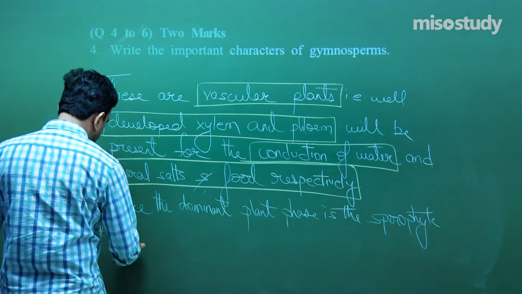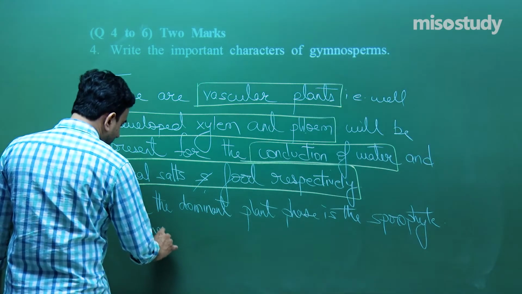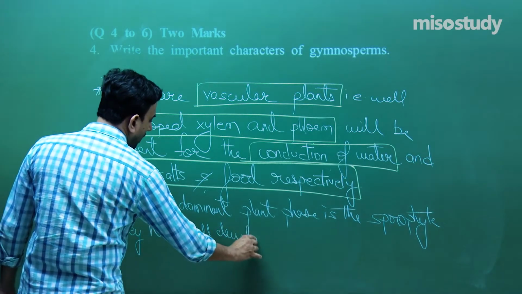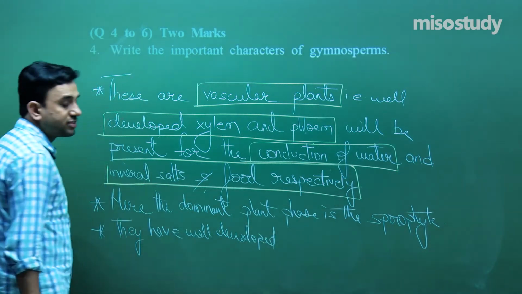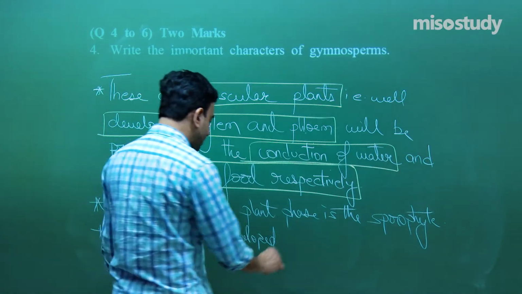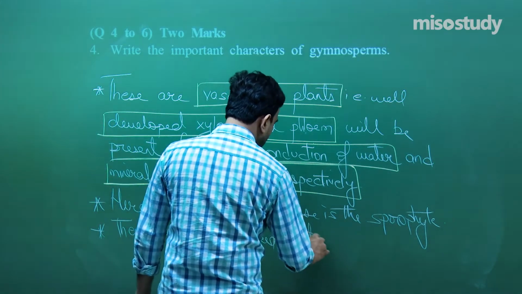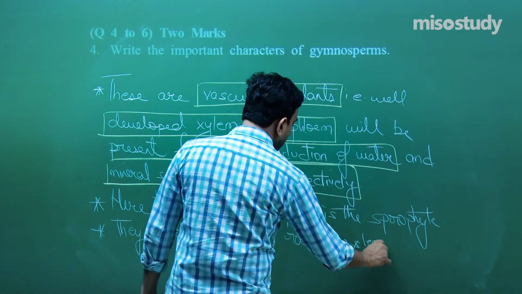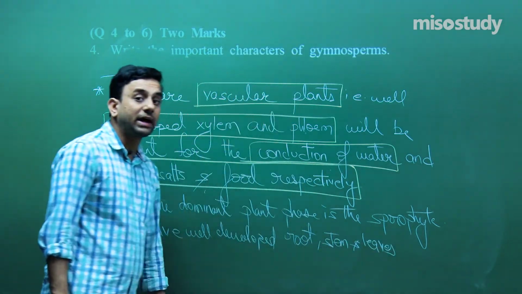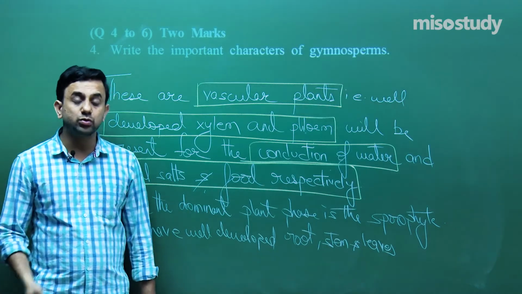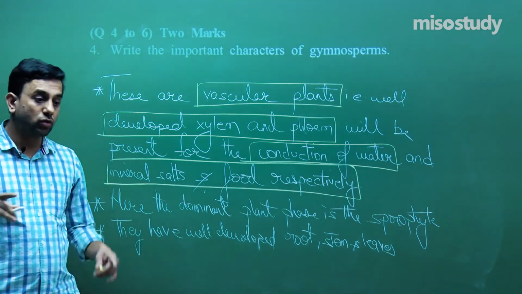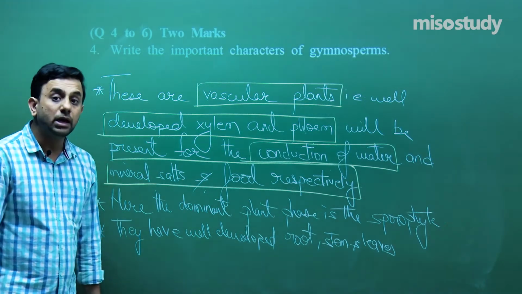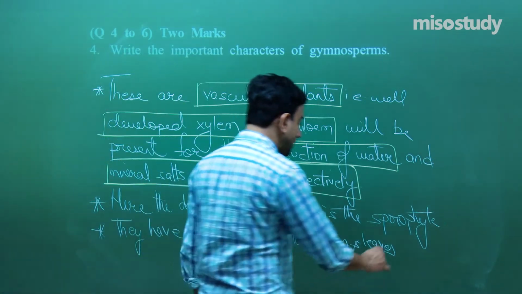They have well developed roots, stem and leaves, and many a time the leaves are modified into spines, conical structures, or foliage, in pinus like trees.